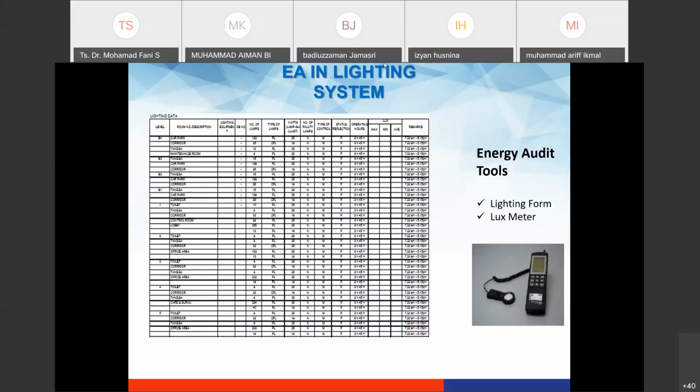Okay, here for example room description, car park, corridor. So lighting number in the car park is 122. Type of lamp: fluorescent lamp, FL, CFL compact lamp. Okay. So how many watts?